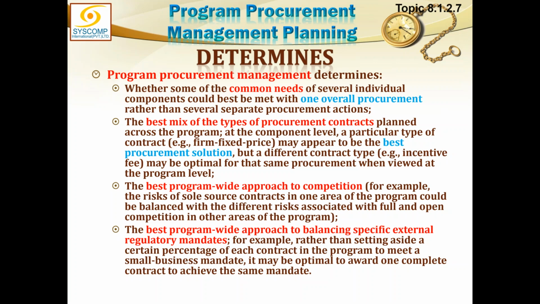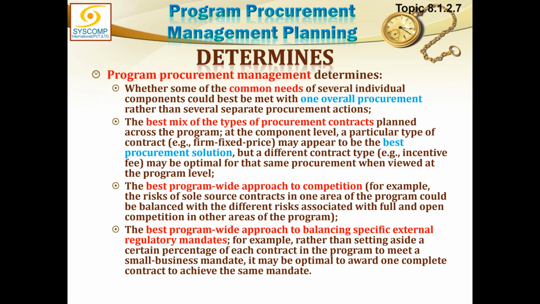If the same kind of procurement is being done by more than one components or projects, then probably program should take on the procurement process for all the projects, as if it can be consistent and centralized. Then the second option is the best mix of the types of procurement contracts planned across the program at the component level.